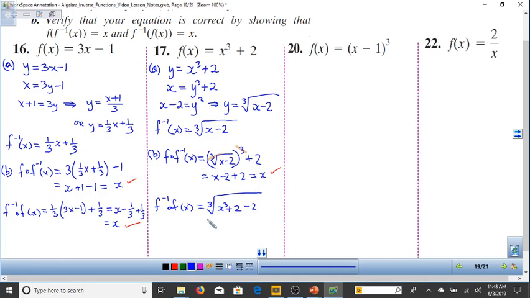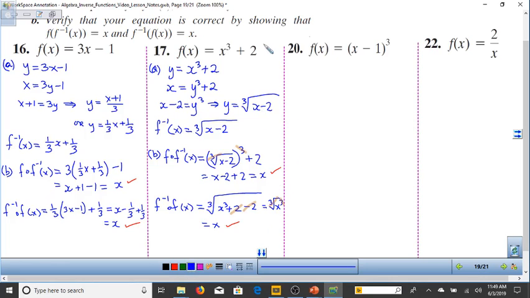And that, of course, gives you the cube root of x cubed. And then that gives you x. And that was because the 2's would have cancelled and the cube would have cancelled the cube root afterwards. So both functions, both compositions give you x.